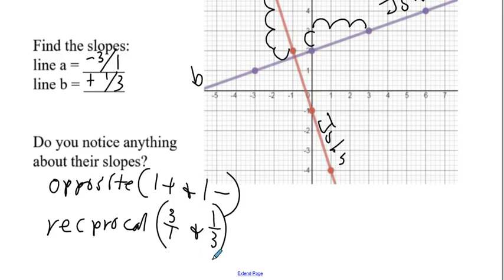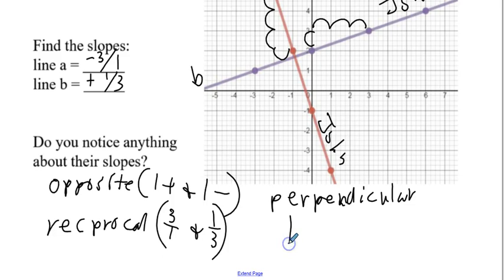So we call these lines perpendicular. That's an N. And they have both opposite and reciprocal slopes.